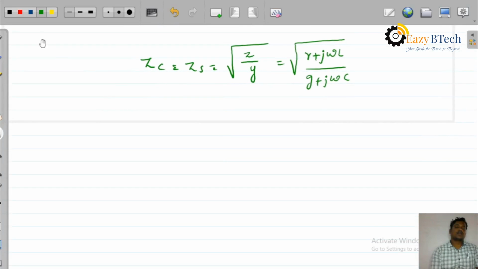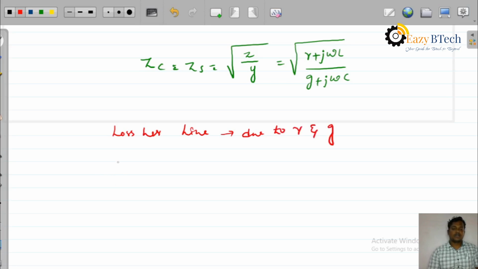If the transmission line is a lossless line, the losses in the transmission system are due only to resistance and conductance. For making a lossless transmission line, we have to make R and G, both terms, equal to 0.